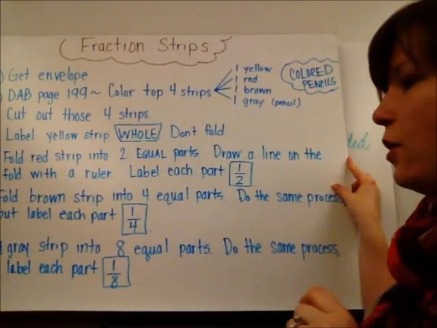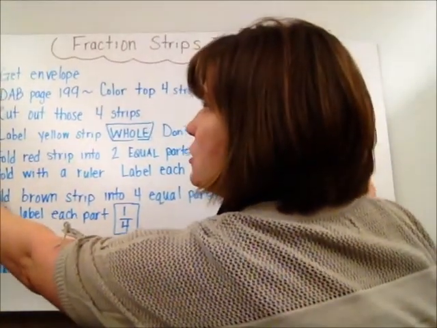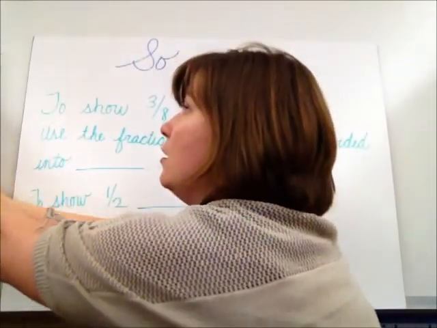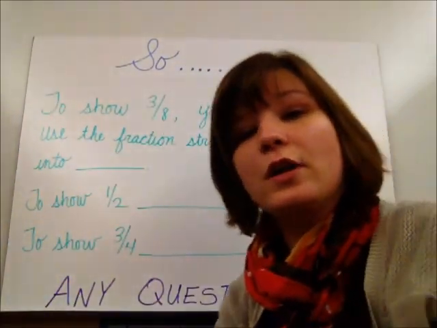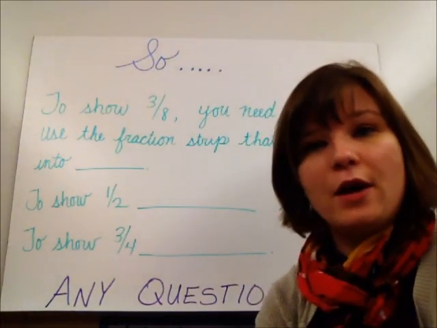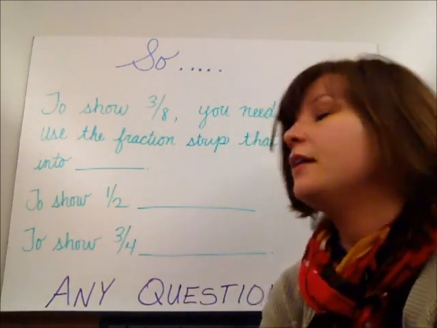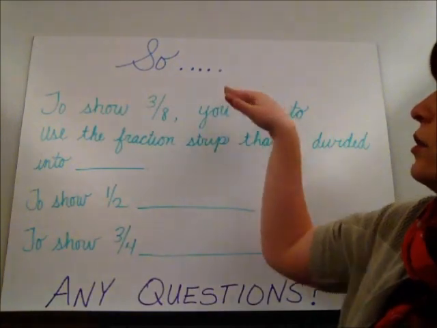So that's it for your directions for your fraction strips. You will probably have to look at that again for directions for how to do that during math class, and that's fine.